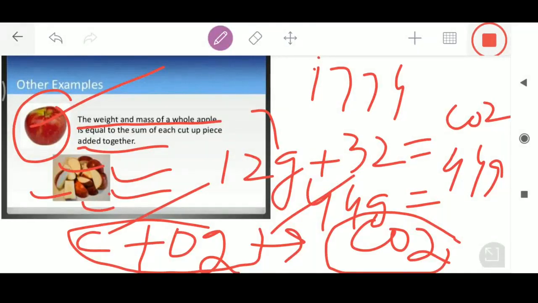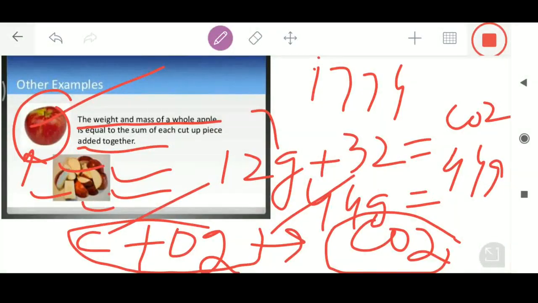That means the mass of the reactants is always equal to the mass of the products, just as the mass of the apple is equal to the sum of each cut piece added together. This was the recapitulation of the last video lecture.